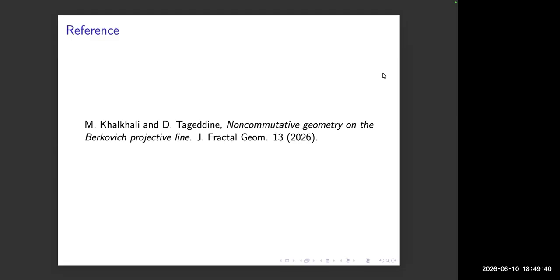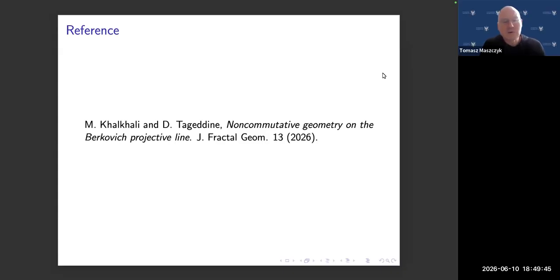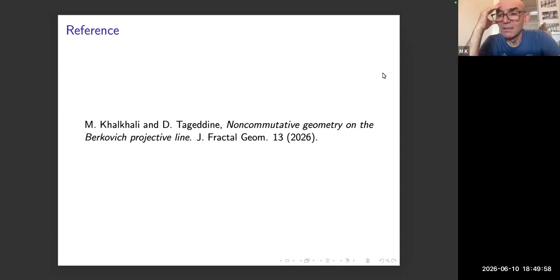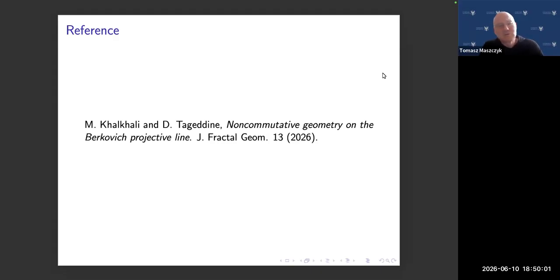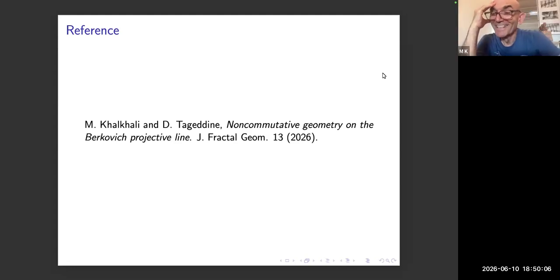Okay, thank you. Tomek? Yes, I have a question. So in this part about this Klein model, you alluded to the uniformization theorem. And so my question is, what about Berkovich curves of higher genus? I believe Berkovich has this theory of analytic spaces, even rigid analytic spaces in general.